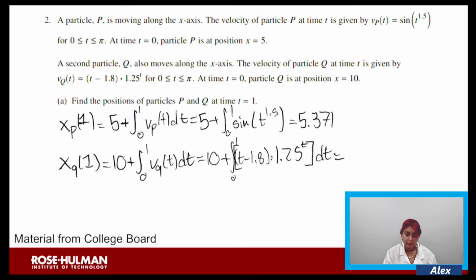Plug this into your calculator and that should give you a different answer.